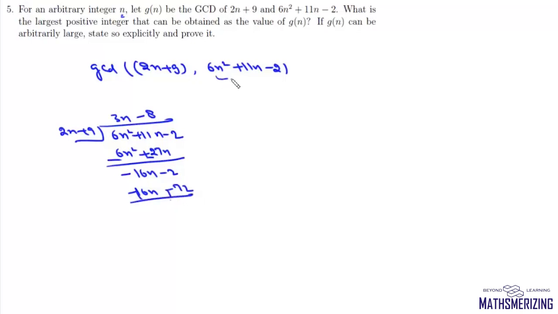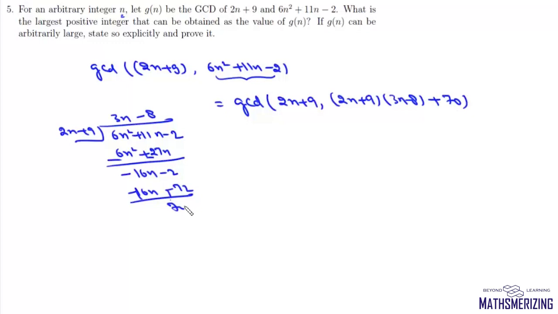Now we can write this 6n square plus 11n minus 2 as 2n plus 9 into 3n minus 8 plus 70.